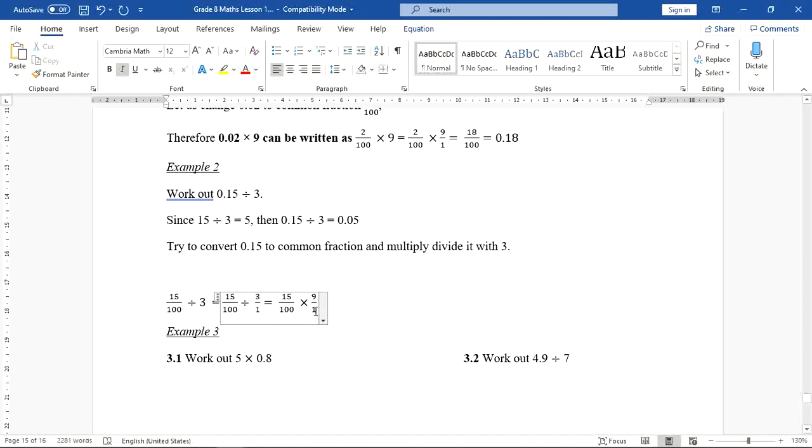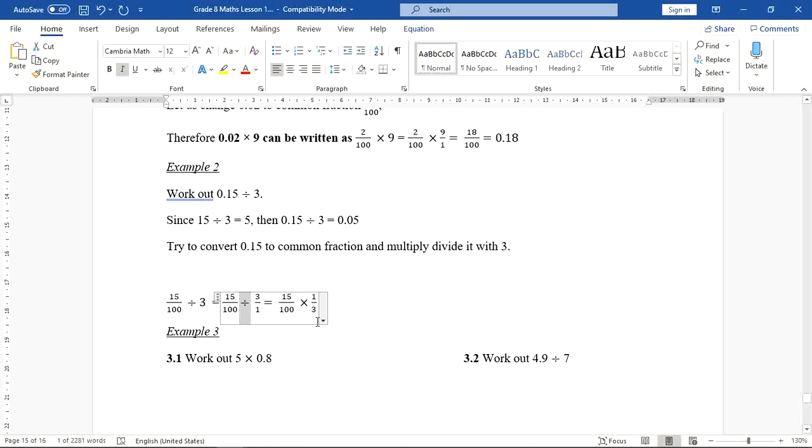So the 3 comes down, and the 1 goes up. The trick is you change this to a multiplication, and then you flip this one. We call it a reciprocal. Now we have 15 over 100 times 1 over 3.